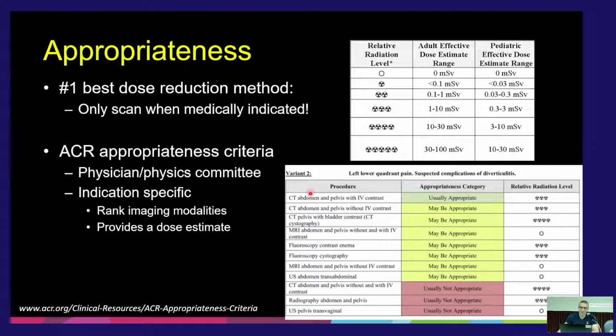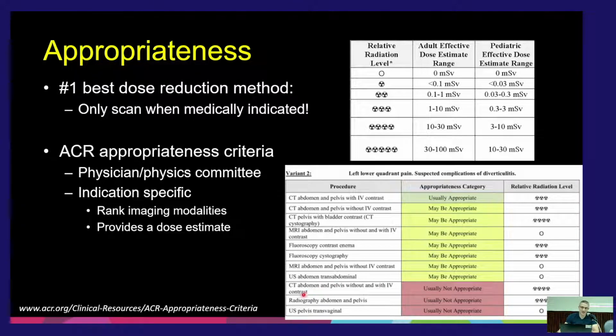And what it does then is it gives you this kind of differential. What should we do? So CT of the abdomen and pelvis with IV contrast is usually appropriate. And then there are these other options here, some of which are CT, some are fluoroscopy. And then it will give an indication of what is usually not appropriate.